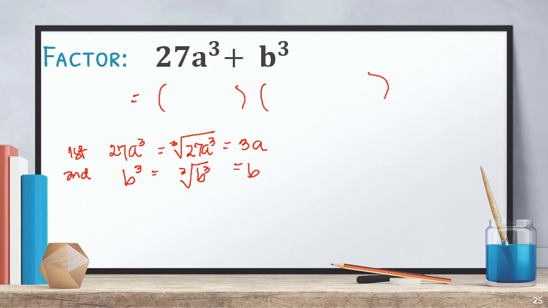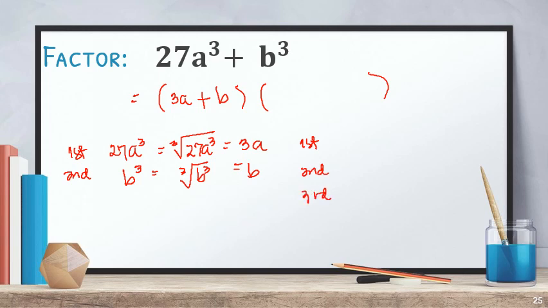So now we will write 3a as the first term and b as the second term. And again, the operation used on the given is plus. That's why your operation here is also a plus sign. Next, for the trinomial, we have the first term, the second term, and the third term.